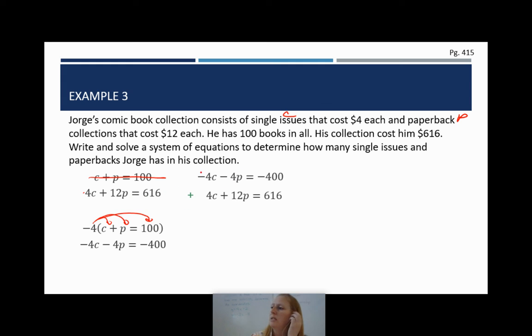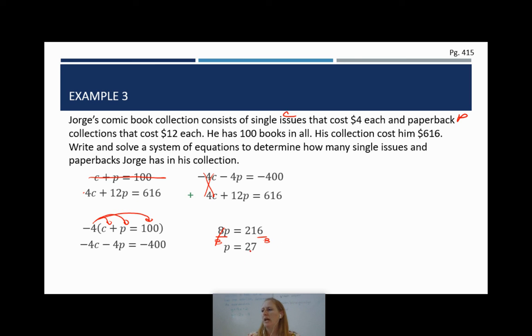It'll work out well because negative 4C plus C, bye-bye, see you later, so sad. Negative 4P plus 12P is 8P, and negative 400 plus 616 is 216. We'll go ahead and divide both sides by 8. We get P equals 27. But we have to figure out how many single issue comics as well, right?